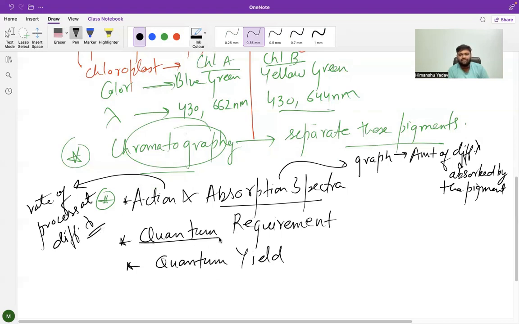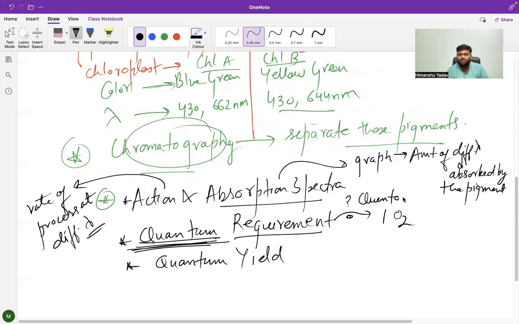Quantum requirement, as you can understand from the word quantum, means quanta of light.